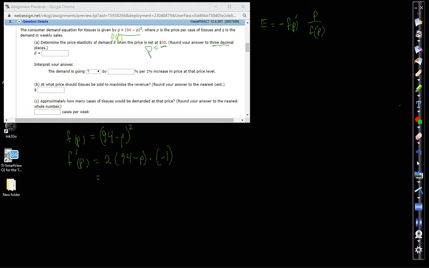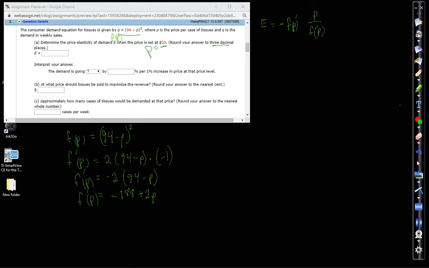So you could rewrite that as minus 2 times 94 minus p. So this is the derivative function. You can distribute the negative 2 through if you would like. That'll give us 180 plus 8, so that's negative 188. Negative 2 times the negative 1 gives us a positive 2p. So this is our derivative.